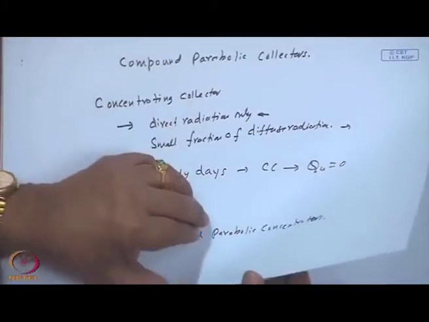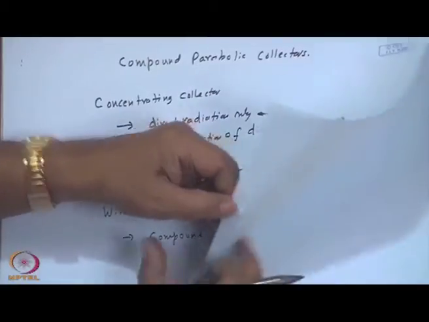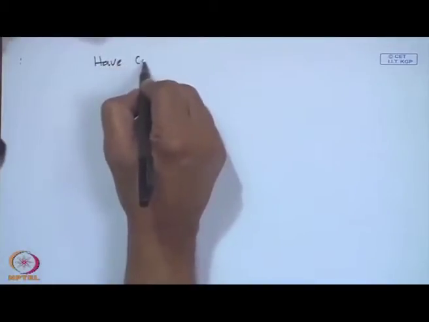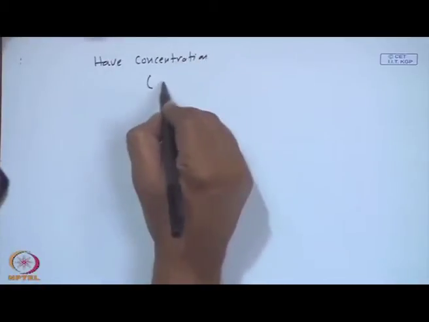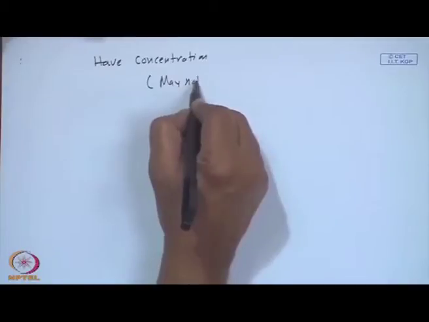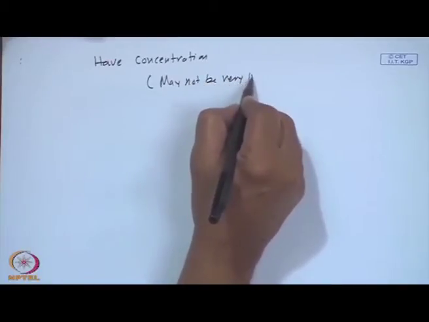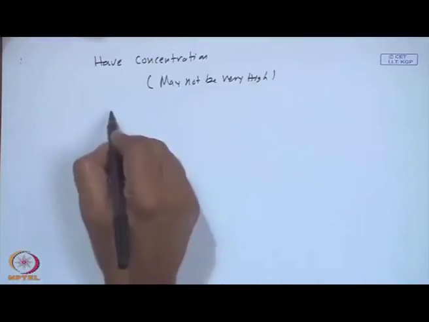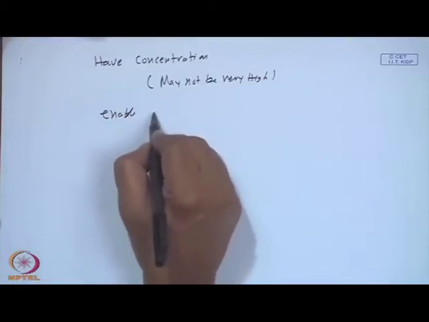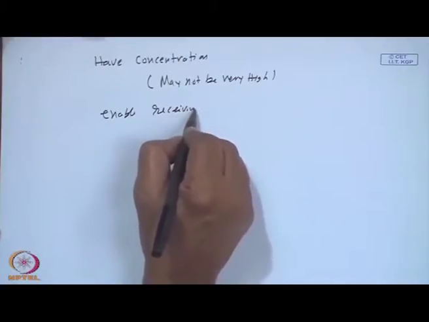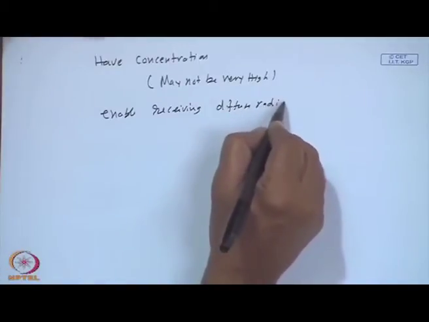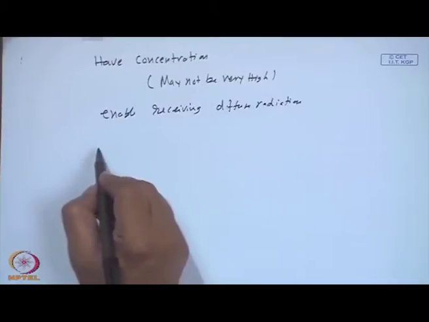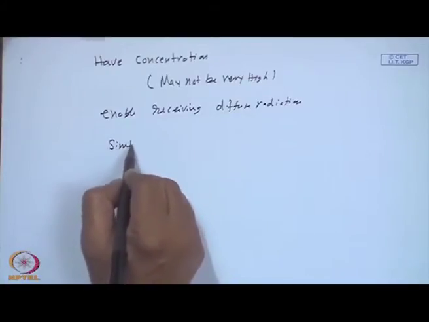The whole idea is to have concentration that may not be very high, but enable receiving diffuse radiation and simple tracking.